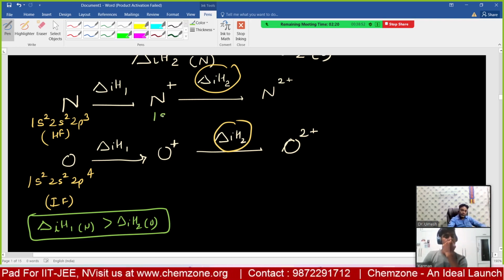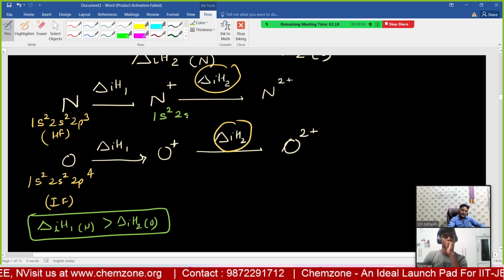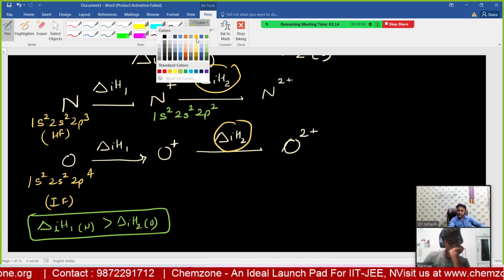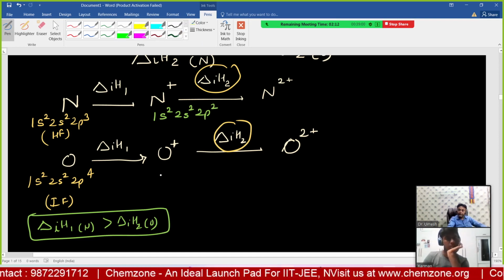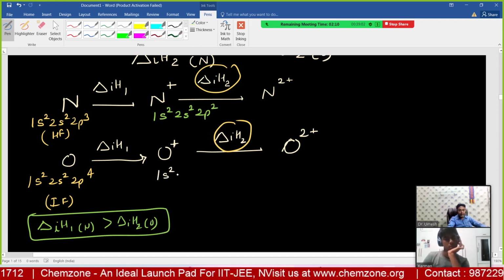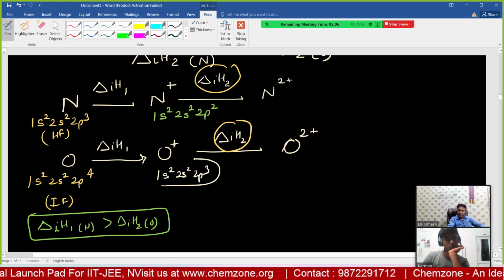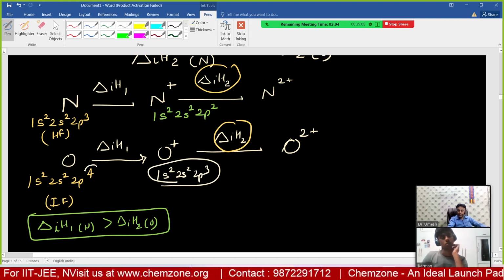After loss of one electron, I'm now getting this electronic configuration, 1s2, 2s2, and 2p2, and now this is becoming 1s2, 2s2, 2p3, because I have removed one electron from here.